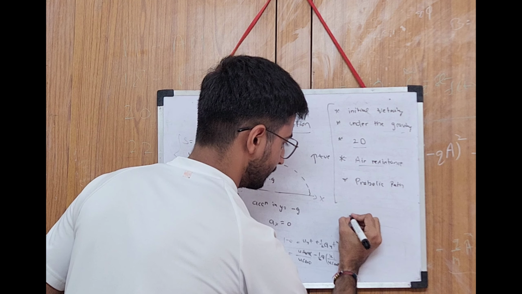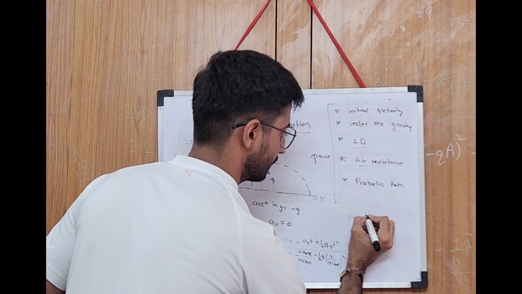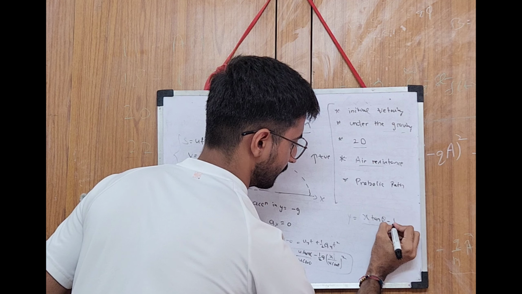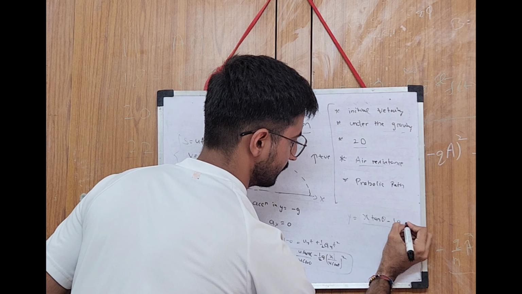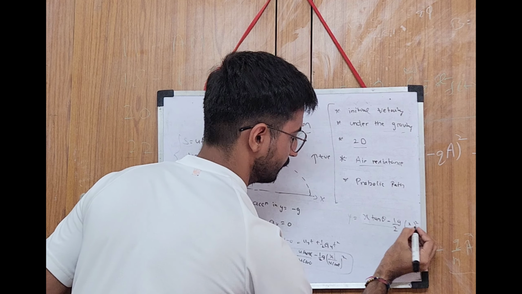So the equation of trajectory, by simplifying, will be y = x tan theta minus half g x squared upon (u cos theta) whole square.